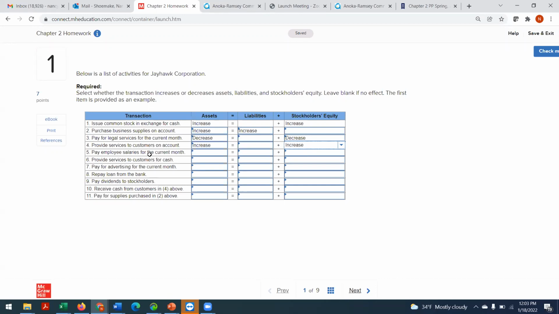When we pay employee salaries in the current month, salaries expense is the debit, cash is the credit. Cash decreases because we're using it. Salaries expense will decrease stockholders' equity because any expense reduces stockholders' equity.